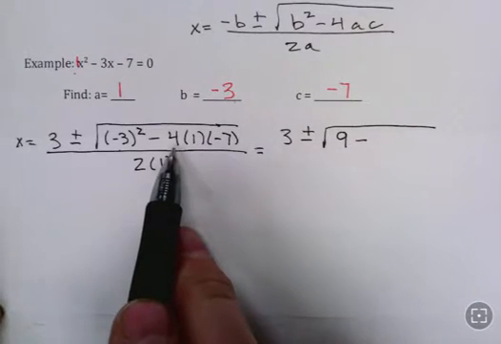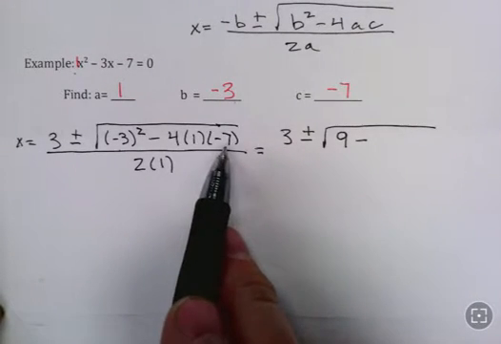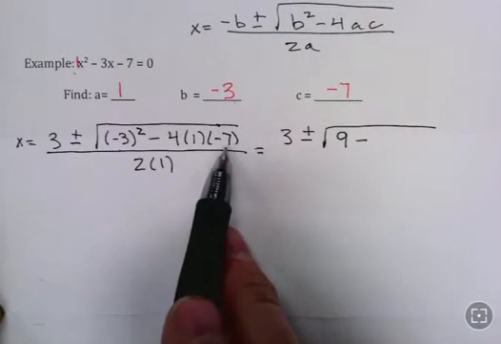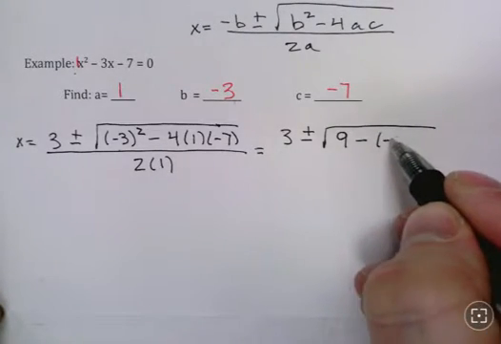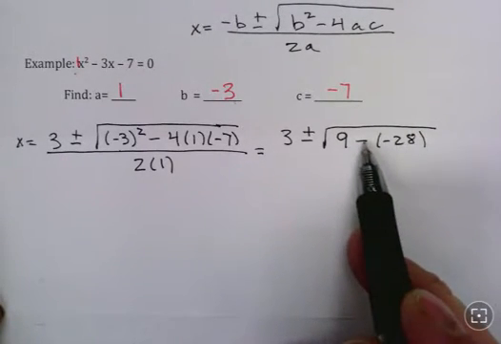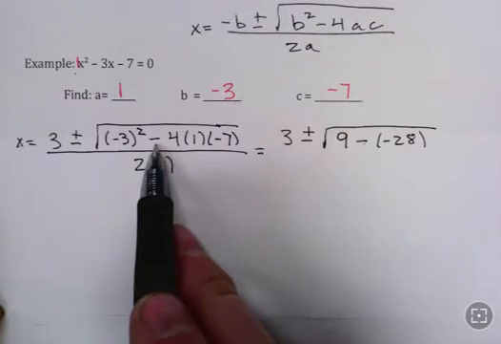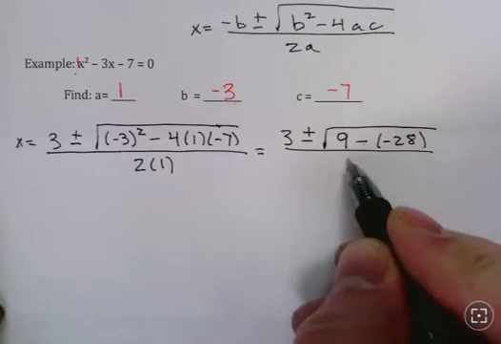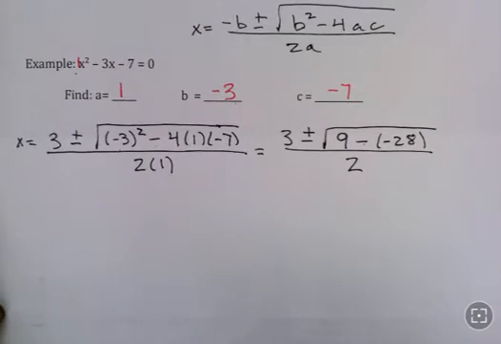Minus, now we have 4 times 1 times a negative 7. Well, 4 times 1 is 4. 4 times a negative 7 is a negative 28. Notice how I use parentheses here because this minus came from this spot. This product gave me a negative 28. And that's all over 2 because it's 2 times 1.